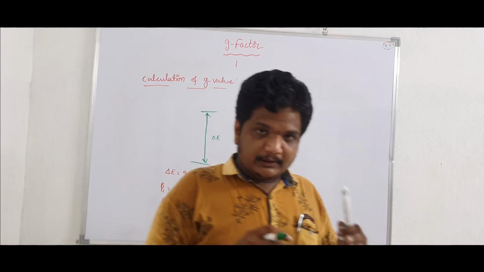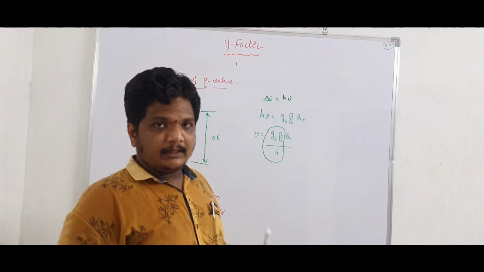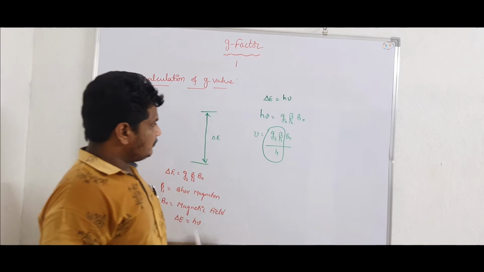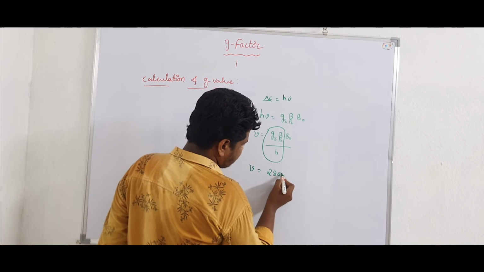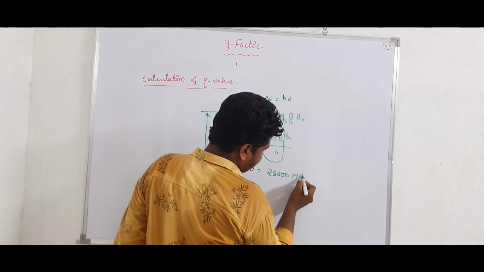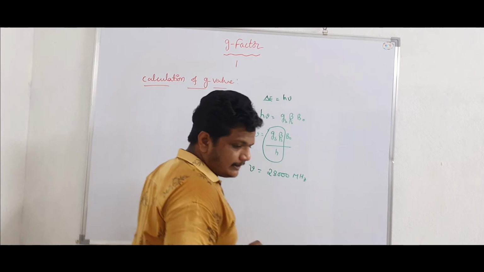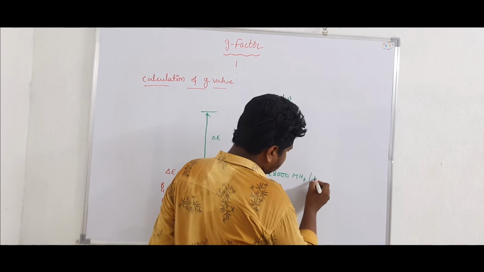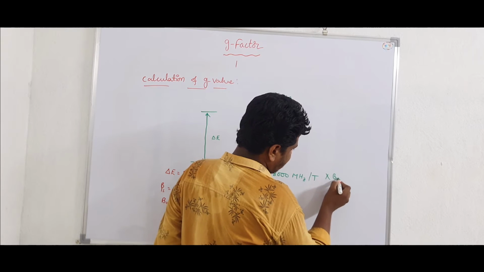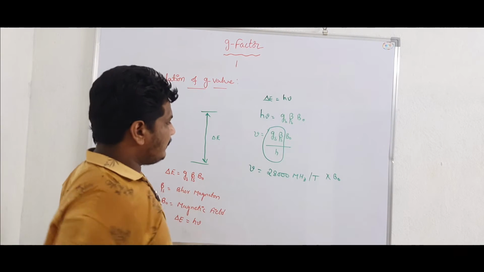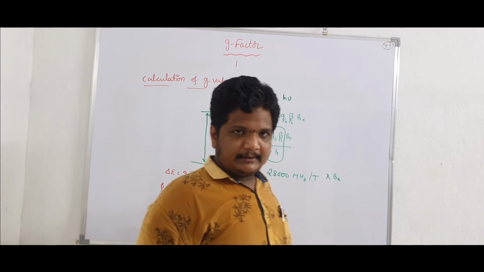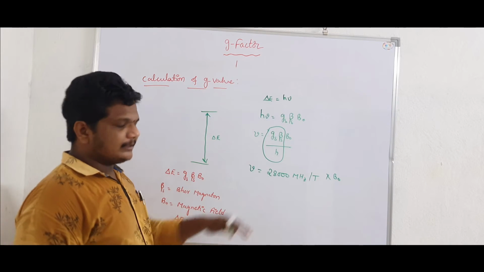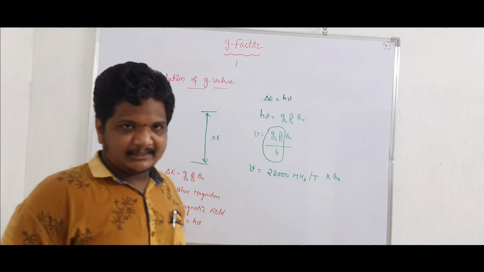So mu is equal to 28,000 megahertz per Tesla into B naught. This we already know from the basic principle behind the ESR spectra, which we discussed in our previous lecture.